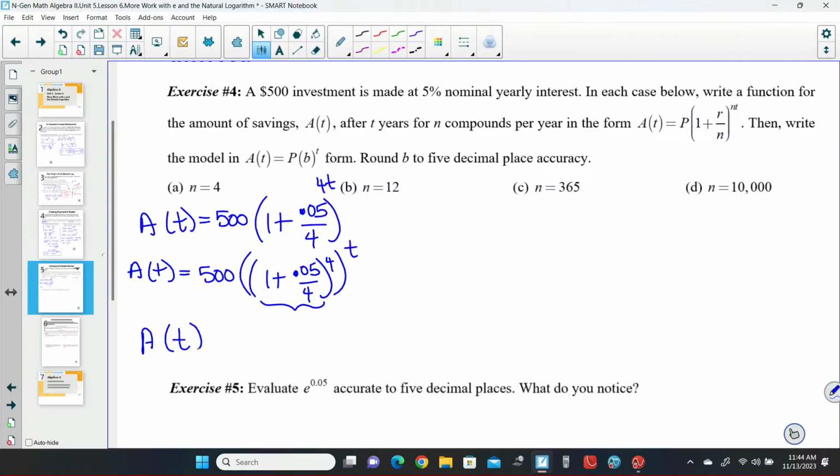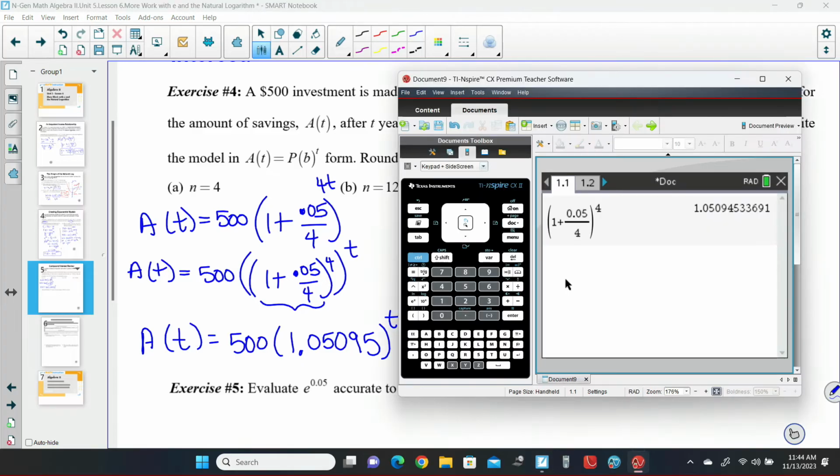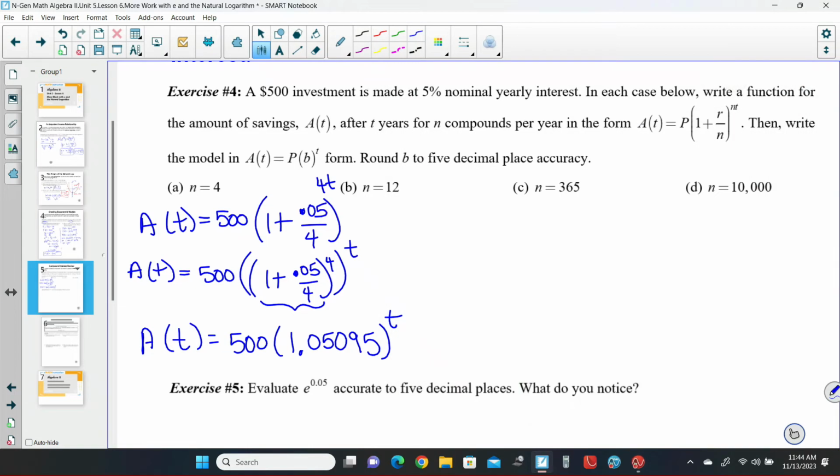A of t is 500 times 1.05095 to the t. I just want to make sure: 1, 2, 3, 4, 5. Yep, that's right. 1.05095 because the 5 bumps the 4 up to a 5. That was a little confusing, and now I'm not going to have enough room again.